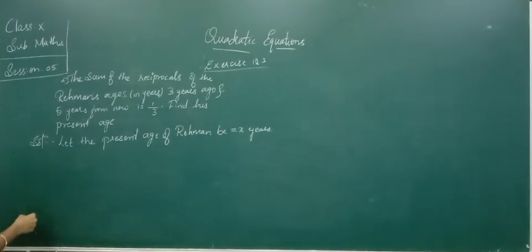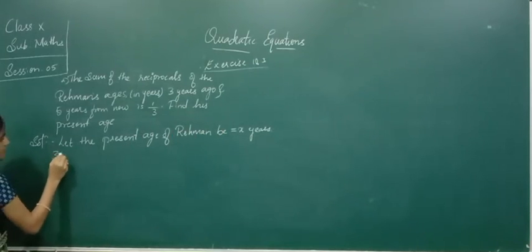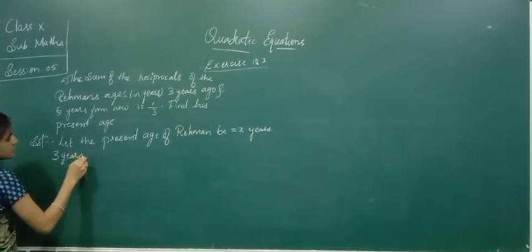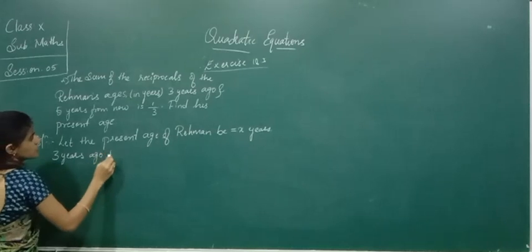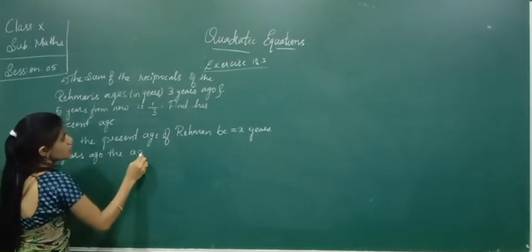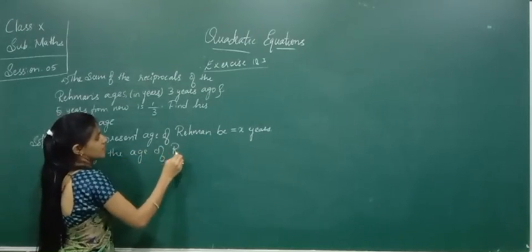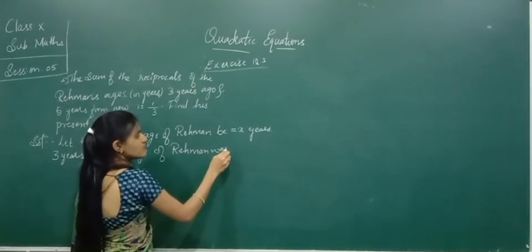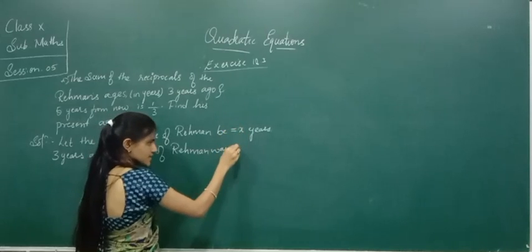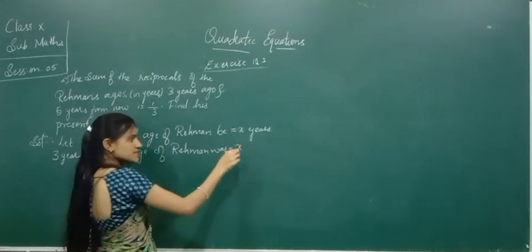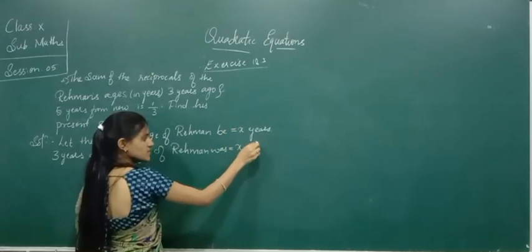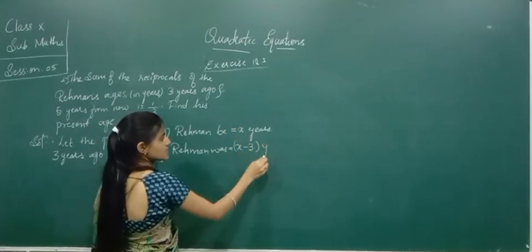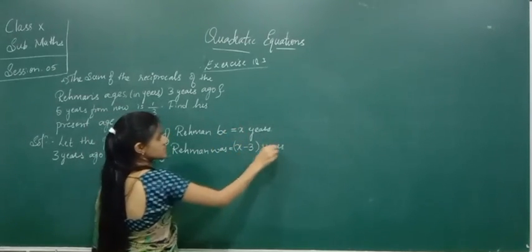So, what we are going to write? 3 years ago, the age of Rahman was how much? Whatever is his age is x years. 3 years ago means remove 3 years from his present age, that is x minus 3 years.